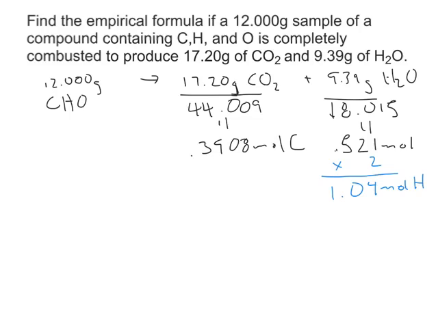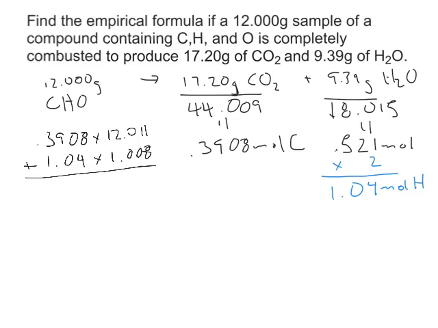So I'm going to take my moles of carbon, and I want to multiply that by the molar mass of carbon, and I'm going to add that to my moles of hydrogen times the molar mass of hydrogen.